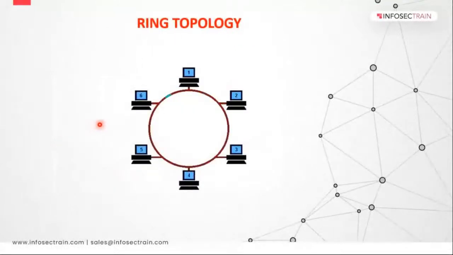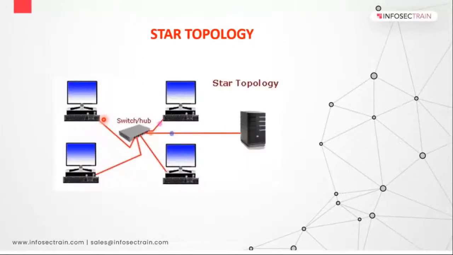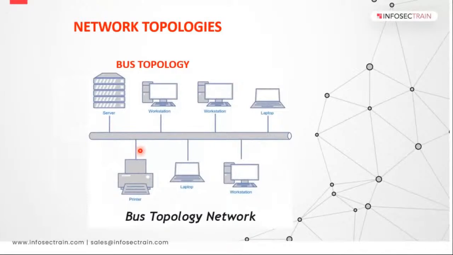The data will be sent towards the printer first, then the workstation, then laptop, then workstation, then another workstation, then to the laptop. So what if I want to send data to this laptop, and this laptop is at the end? So the data will be visiting every node, and after that it is reaching the destination.